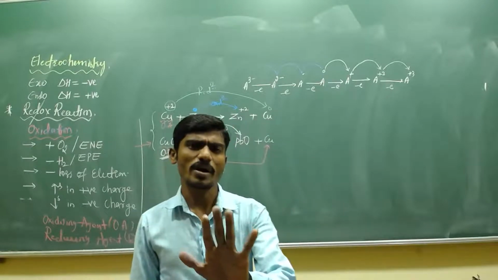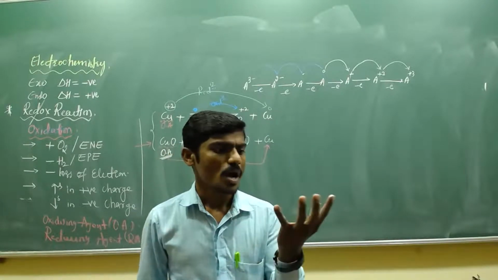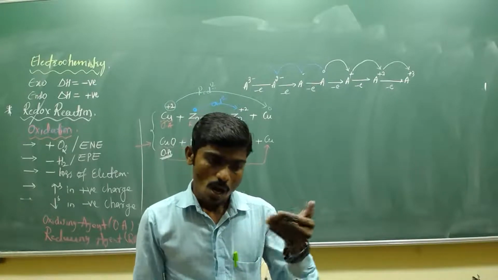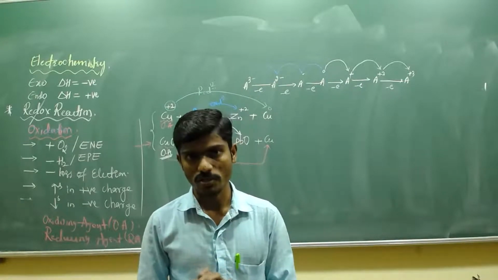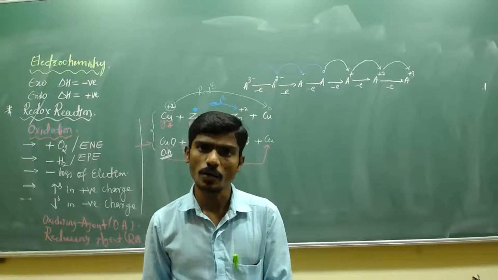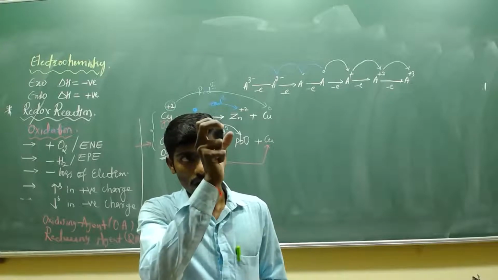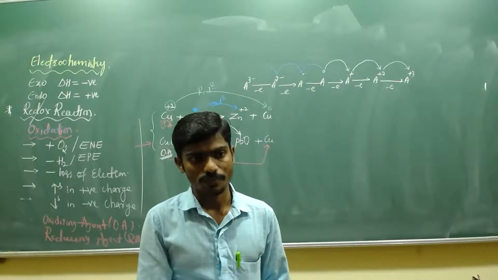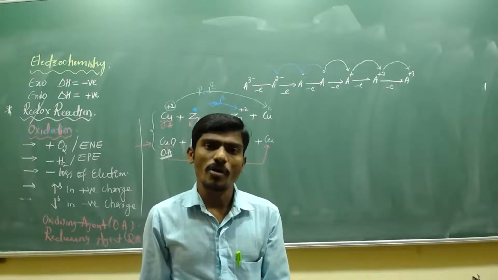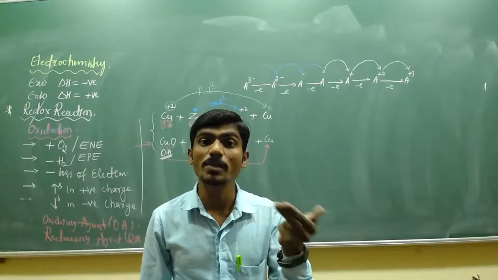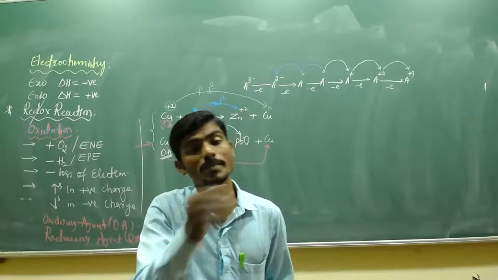The basics required for electrochemistry are oxidation and reduction, and the basic definitions of oxidizing agent and reducing agent. Usually in objective questions, I observe they ask questions like: arrange the following in increasing or decreasing order of their reducing power or oxidizing power.